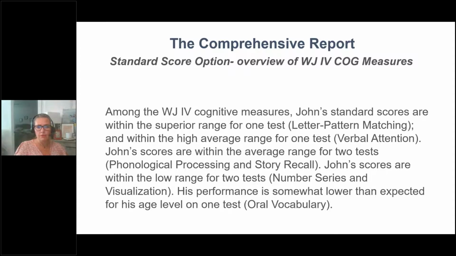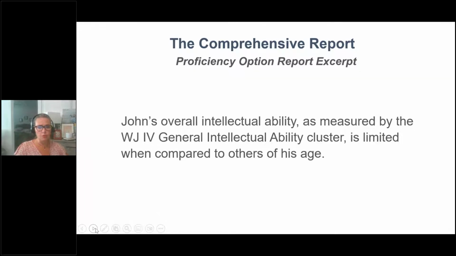John's scores are within the average range for 2 tests. His scores are within the low range for 2 tests, and then his performance is somewhat lower than expected for his age level on 1 test, which is oral vocabulary. So it just lays it out in a narrative form with regards to where his performance falls in relation to standard scores.